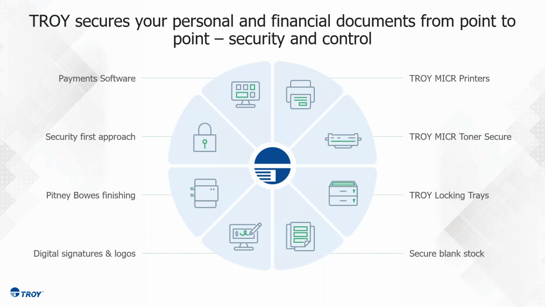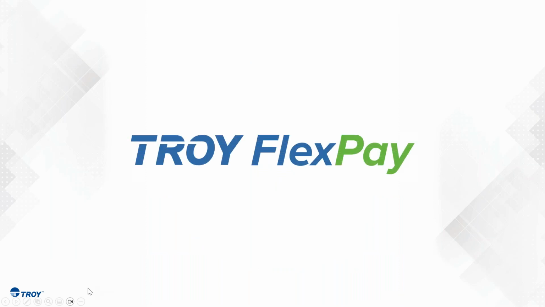Microtoner Secure, again, something else that we briefly mentioned that prevents fraud due to its alteration-resistant capabilities, digital signatures, and so on and so forth. And to tie everything together, our flagship payment software for QuickBooks users, what we're going to be discussing today in further detail, and that is Troy FlexPay.